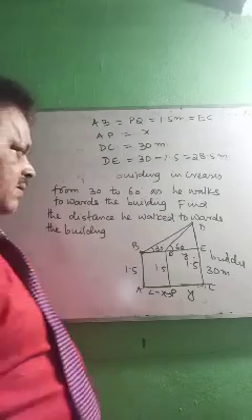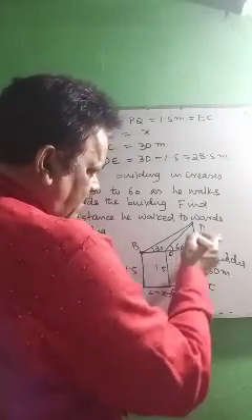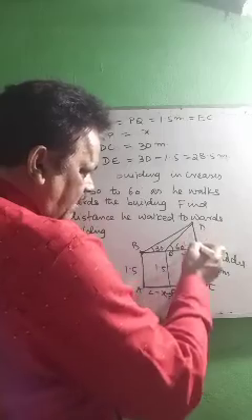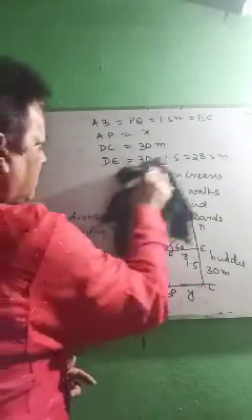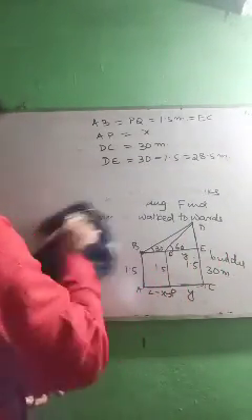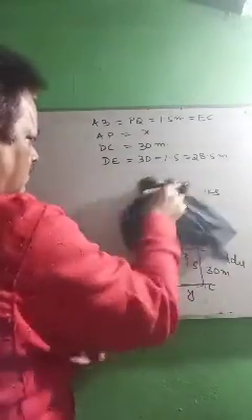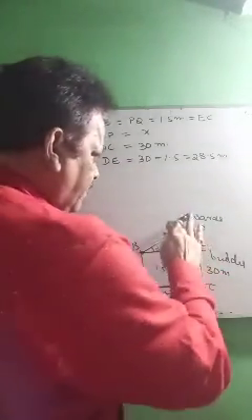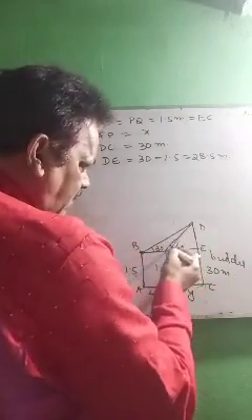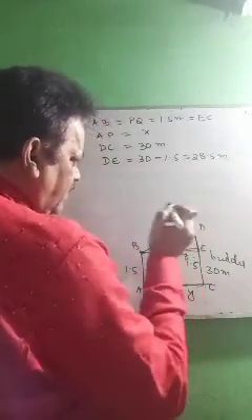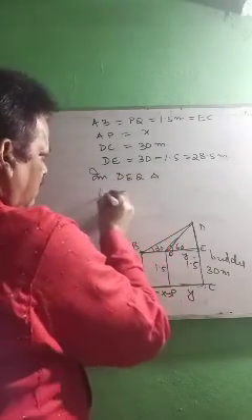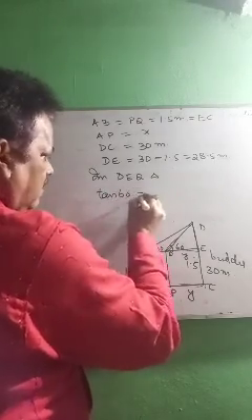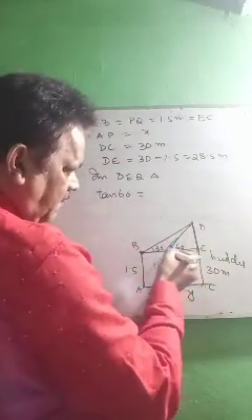Okay now, let's take first this triangle, DEQ triangle. In DEQ triangle, tan 60 degree. Tan 60 is perpendicular by base.